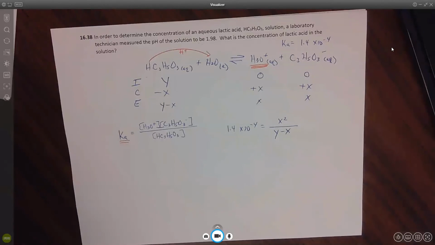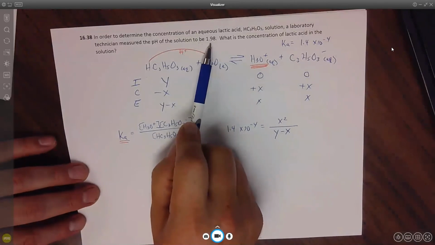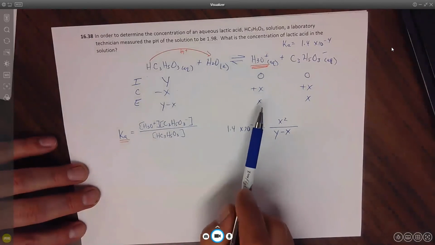Would you use the pH value to solve for the H3O plus, and then that's your x? Yes, exactly. This pH represents the equilibrium concentration of the hydronium ion. That's x.